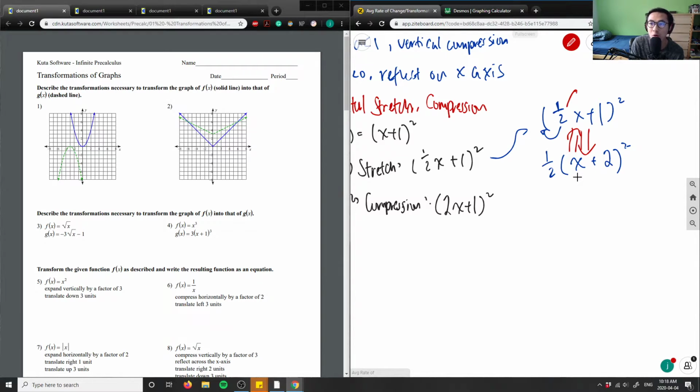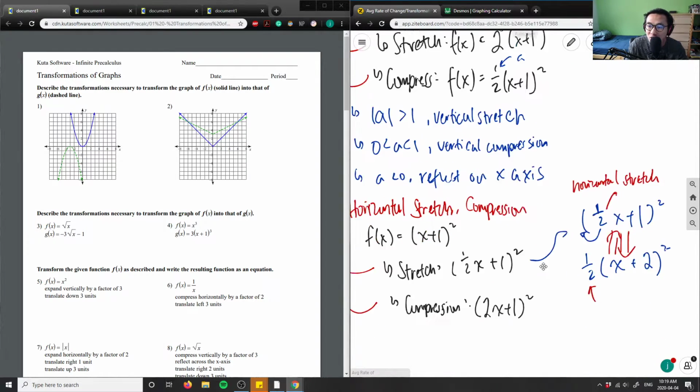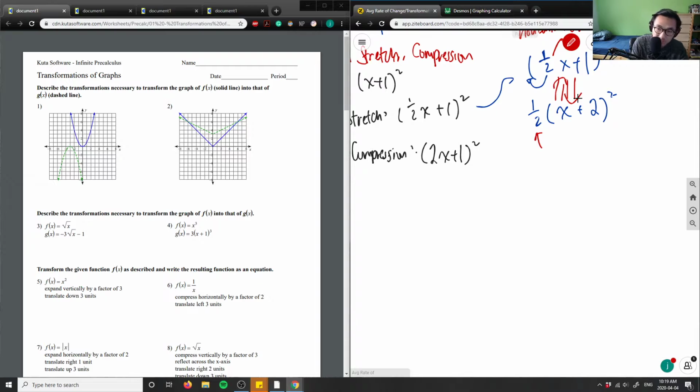So these two are algebraically equal. One says I have a horizontal stretch. However, this function, look, if I have half here, what is this? This half here before the function states that I have a vertical compression, right? I have a vertical compression here. And then this plus 2 is different from the plus 1.